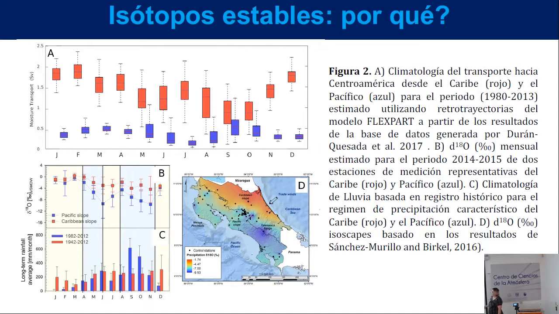With the stable isotopes in the Caribbean regime, we have very enriched values from an oceanic source with high evaporation. This is the climatological yearly model, and this is the isoscape that we have, with the punctual data measured at particular stations in these points in red and in these points in blue, along with the precipitation regime.